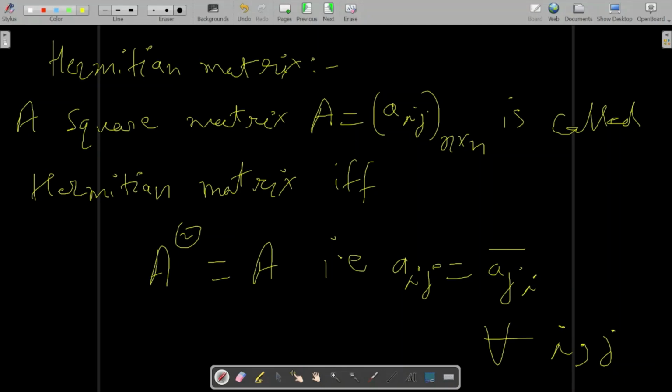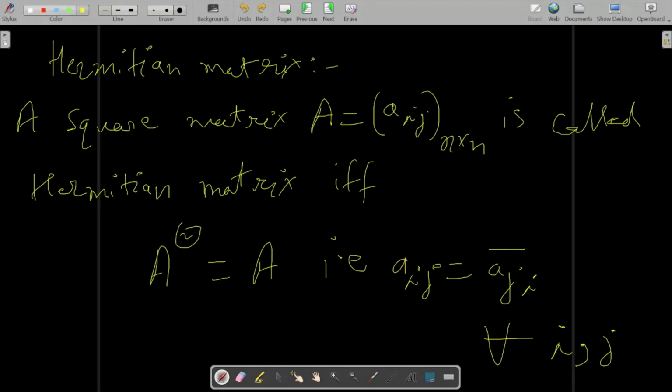When you take the transpose, j and i will be interchanged, and when you take the conjugate, the bar will come. So that's why this property holds good over here.